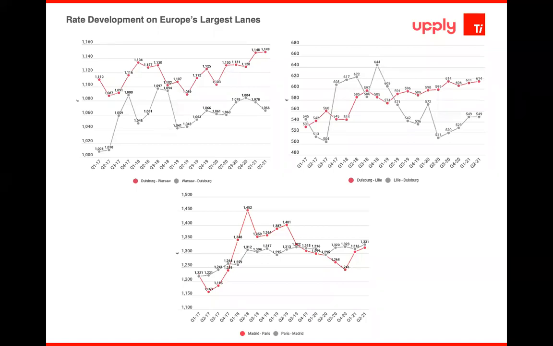Looking the other way around, Madrid to Paris, the increase was 2.2%, a little bit lower, but 1.1% quarter on quarter, which is equal. All of this is led by the asymmetrical dynamics that we see in various industries and markets as well. So let me dive into a little bit more detail.